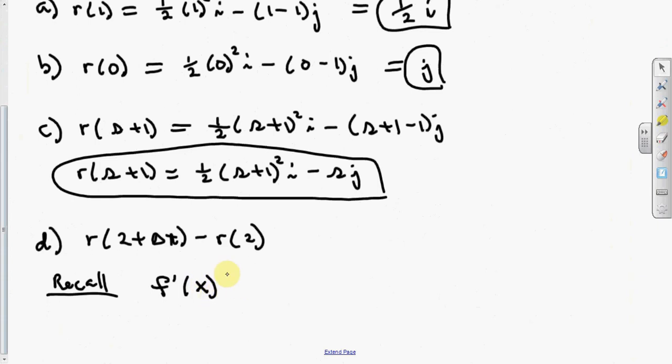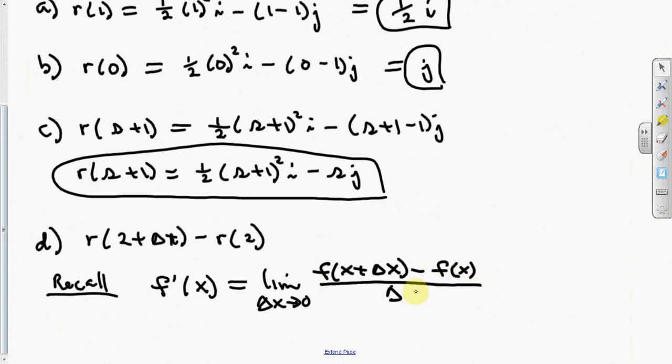It's the numerator, right? f prime of x is equal to the limit as delta x goes to 0 of f of x plus delta x minus f of x all over delta x. Okay? It's all coming back to me now.